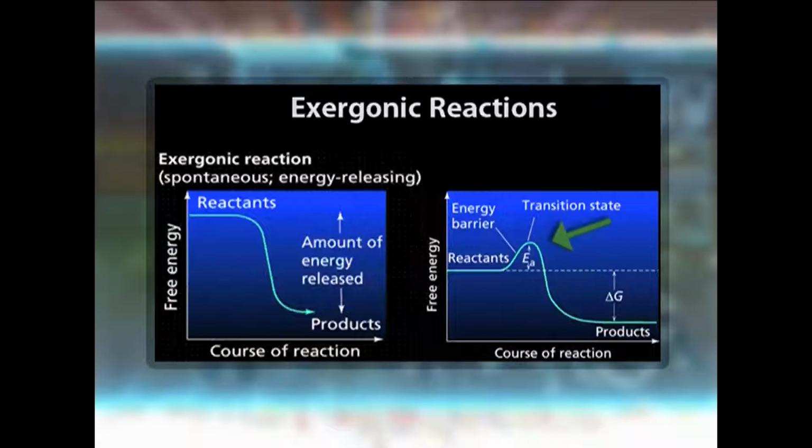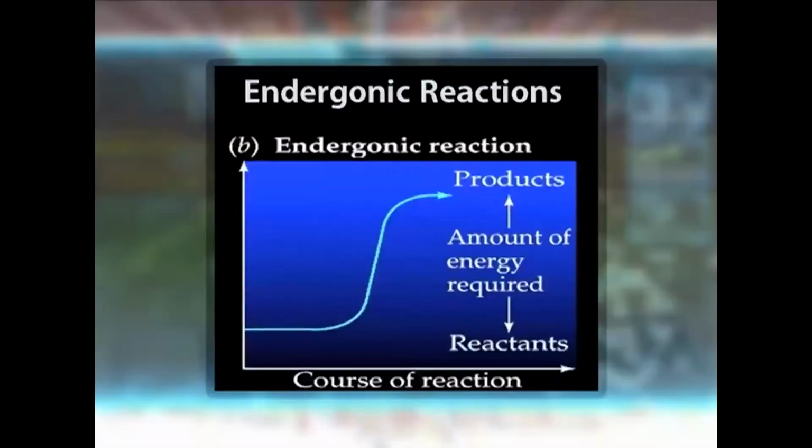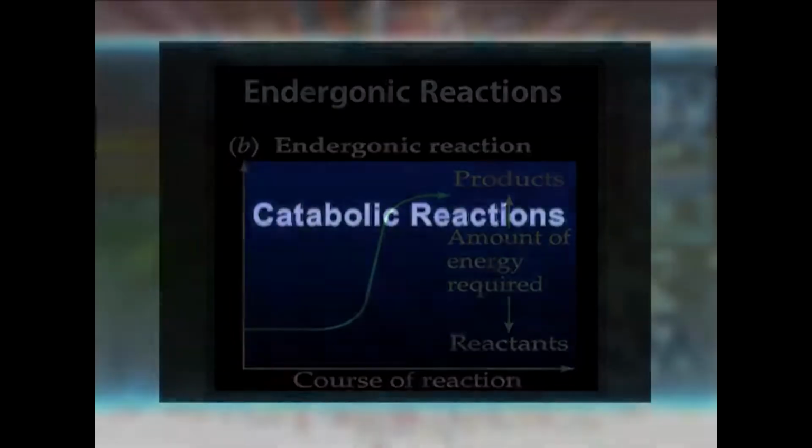There can be an activation barrier though, but for all exergonic reactions, the amount of energy of the reactants is higher than the amount of energy of the products, and there is a net fall of delta G value or the Gibbs free energy change. For endergonic reactions or energy requiring reactions, the energy of the product is higher than the energy of the reactants, and that's why there is a net accumulation of energy, and these reactions thus are energy demanding reactions.